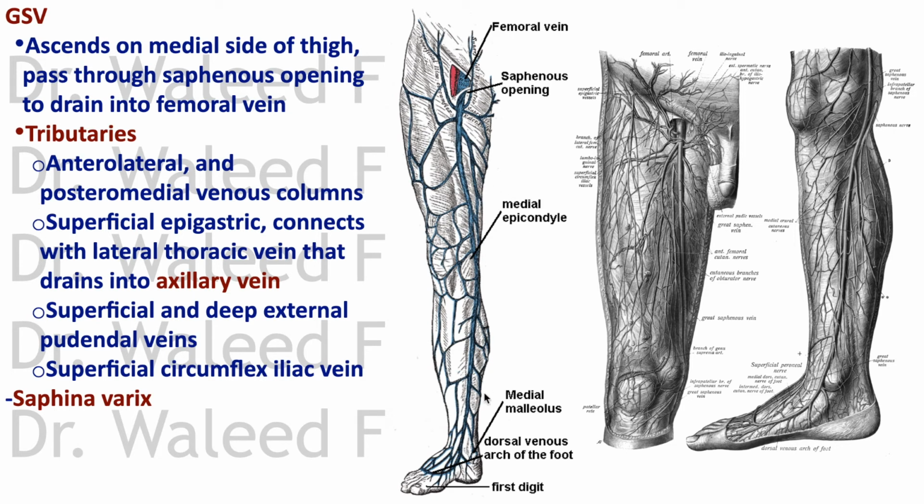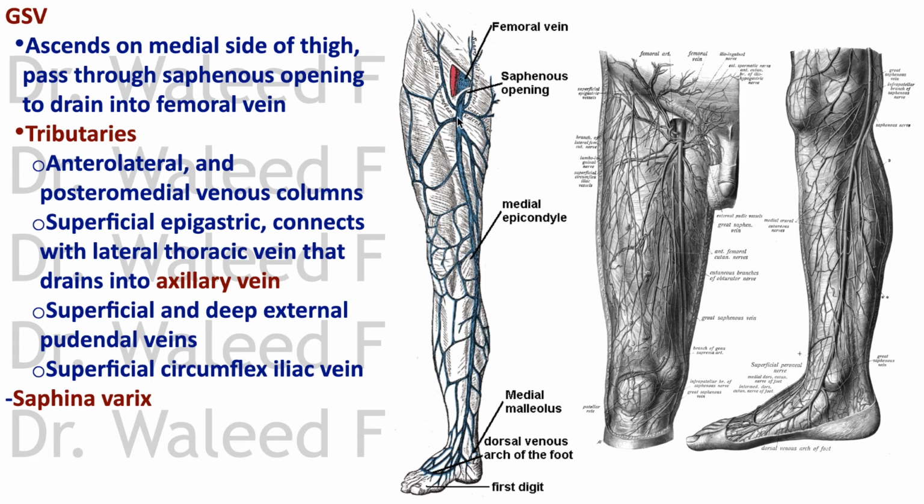Now, the vein has valves all over its course, and patients are affected with varicose veins when the column of blood cannot be carried by the valves inside this long vein, the longest vein in the body. So there are varicose veins on the sides of the leg.